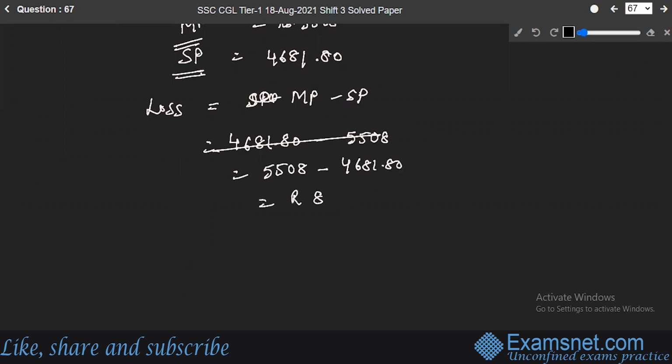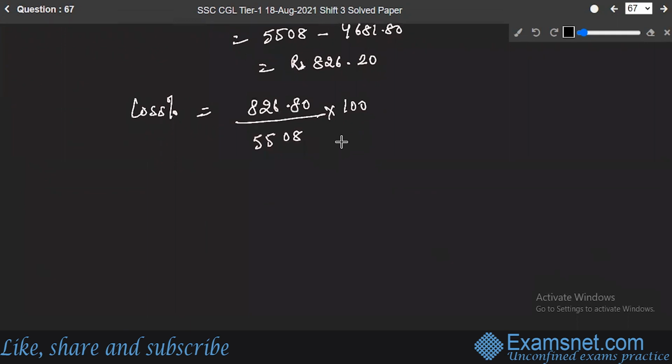That is equal to rupees 826.20. Loss percent will be equal to 826.20 upon marked price, that's 5508 into 100, which will be equal to, like, you'll do the whole calculations and get the answer as 15%.